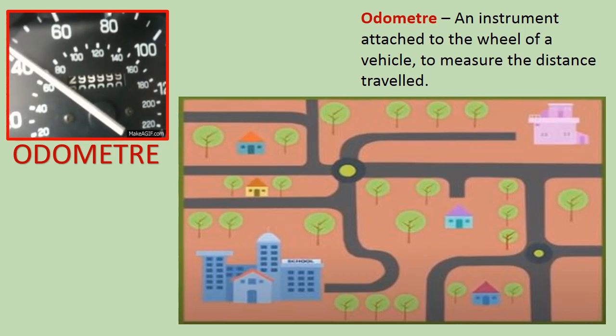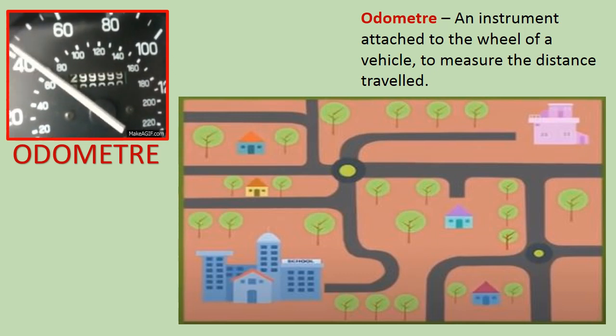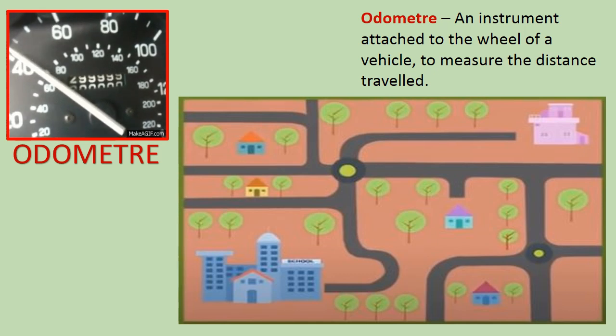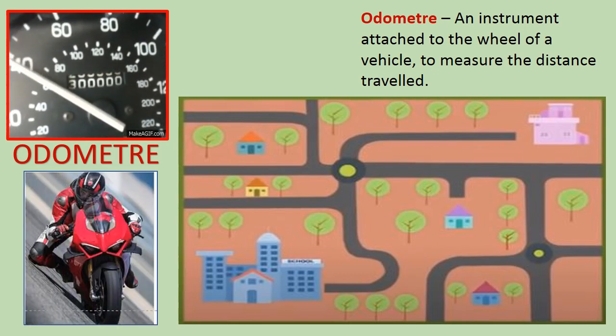Do you know how the length of the road is measured? They make use of an odometer, an instrument attached to the wheel of a vehicle to measure the distance traveled. You must have seen it on a motorcycle or in your car.